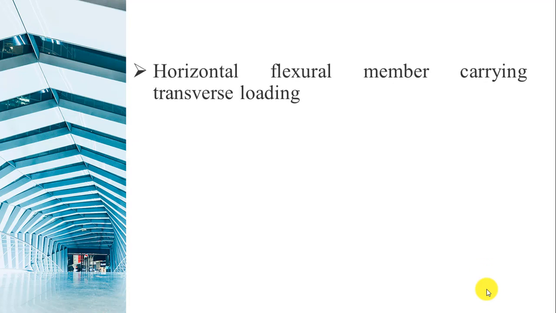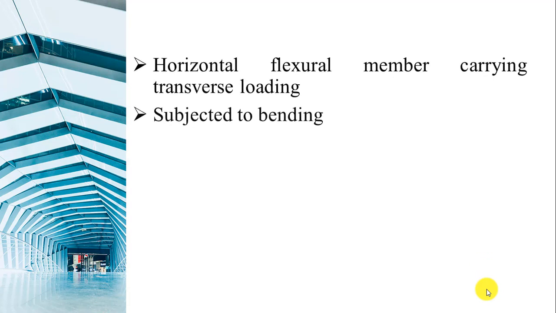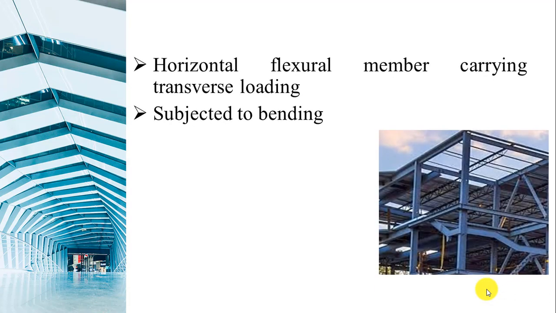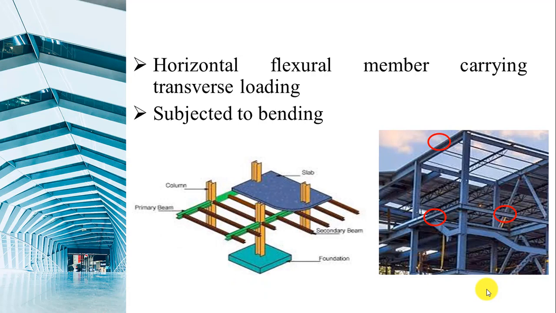The very first thing is we will understand what exactly a beam is. A beam is that horizontal flexural member which carries the transverse loading, and because of the transverse loading this beam is subjected to bending. Here you can see a steel structure shown in this diagram.